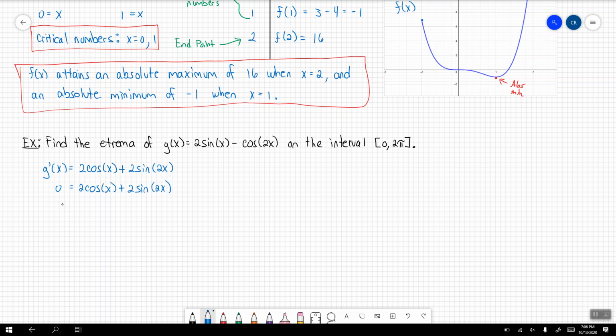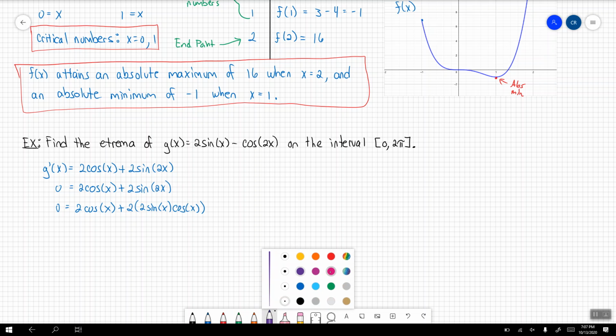So what I want here, I'm going to use a double angle for sine. That double angle for sine is going to be 2 sine of x multiplied by cosine of x. So let's extract that. All right, so that's a double angle.